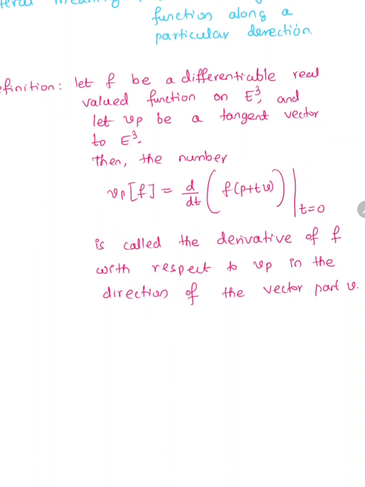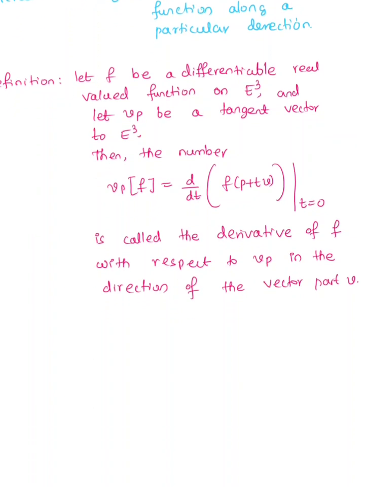So this is the formal definition of the directional derivative. It says the directional derivative is nothing but d by dt of f of p plus tv at t equal to 0. This is the directional derivative of f with respect to the tangent vector Vp along the direction of the vector part v. So this can be viewed as, suppose this is a function f in E3.